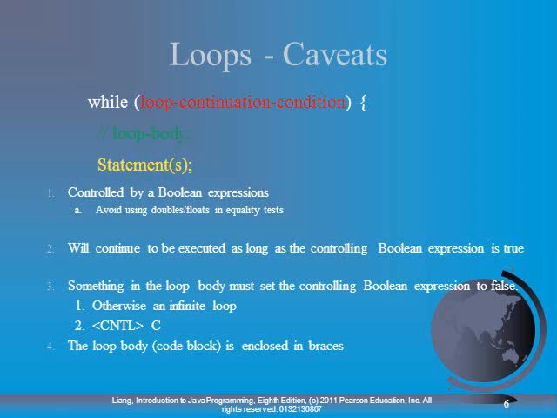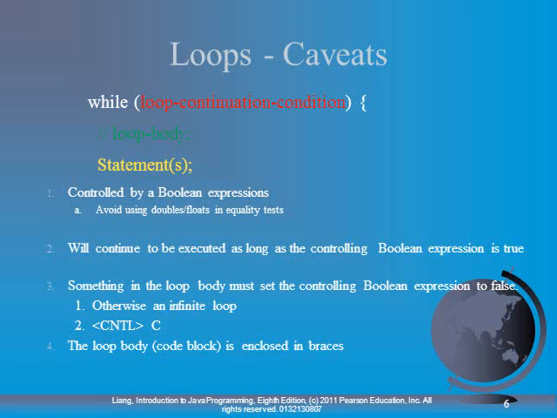Okay, a few caveats. Caveats are things to remember. Since this lesson deals with only the while loop, these caveats are true for the other forms of loops that we will experience. Okay? So the execution of the statements in a loop body is controlled by Boolean expressions that reside inside parentheses, much the same way we had Boolean expressions inside parentheses when we did selection statements.